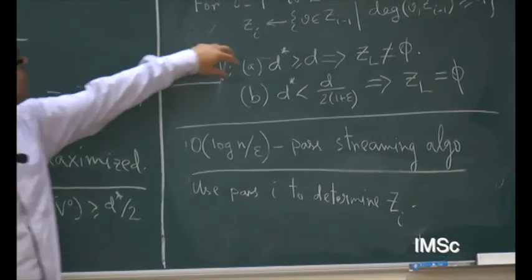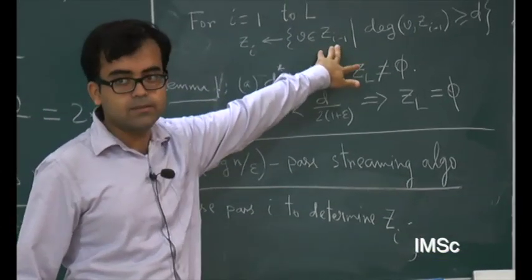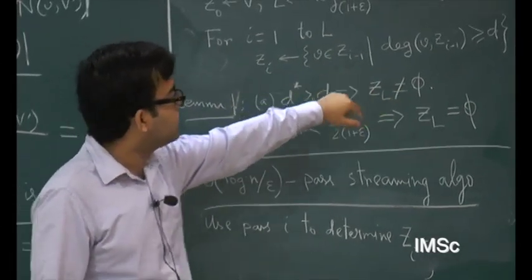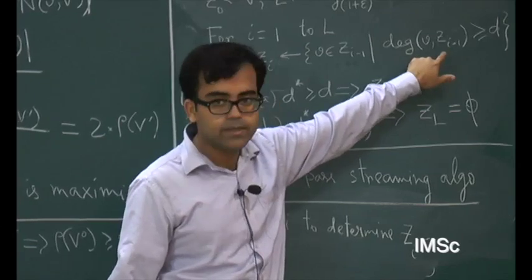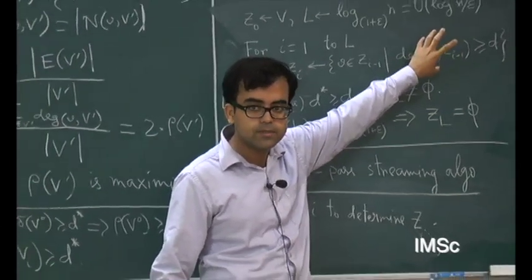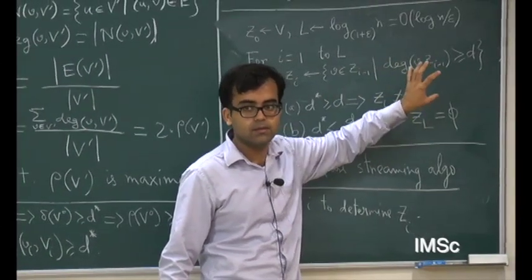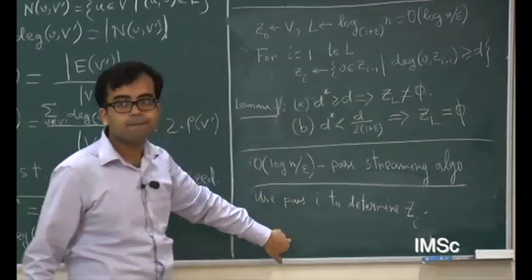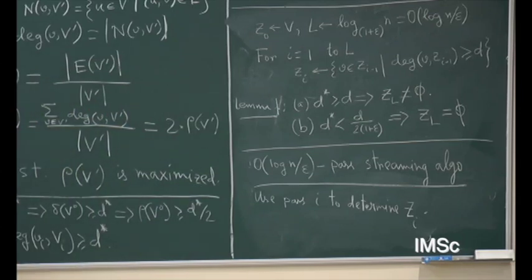Suppose till now you have determined Zi minus 1. Just make one more pass. In that pass, you figure out the degree of v in Zi minus 1 for every node in Zi minus 1. You can do that in one pass. And after that, you can just figure out Zi.